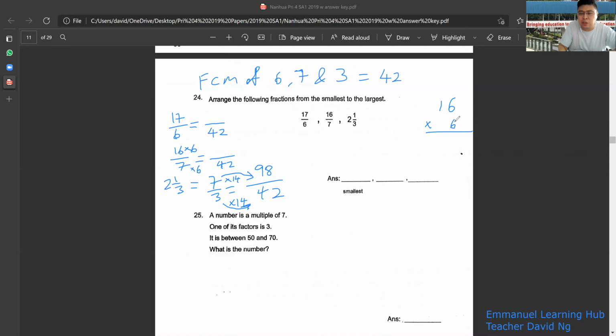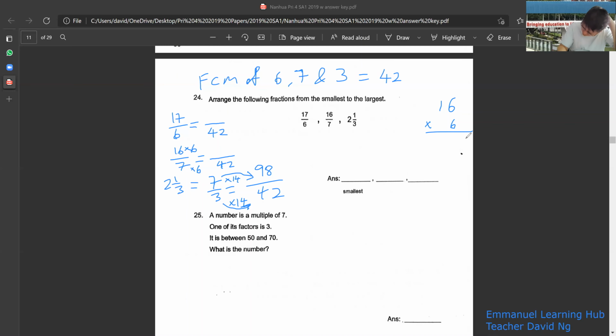What is 16 times 6? 16 times 6 is 40? Okay, let's do 6 times 6 first. 6 times 6 is how many? 6 times 6 is 2?